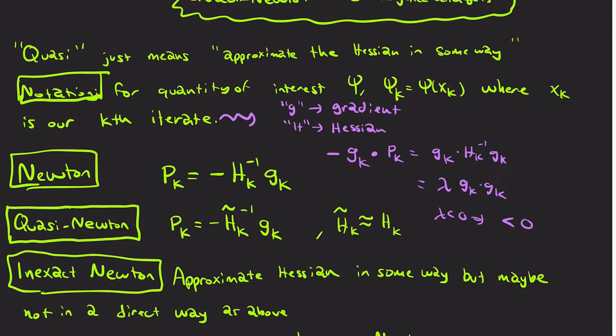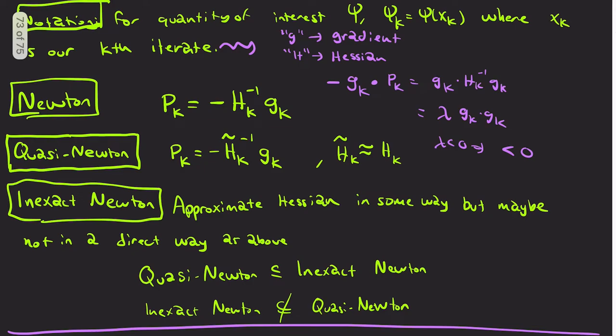So in general, what we want with this quasi-Newton approach is a positive definite approximation of Hk. Then some more terminology you might run into: inexact Newton. The idea behind inexact Newton is that we might not directly approximate this Hk.